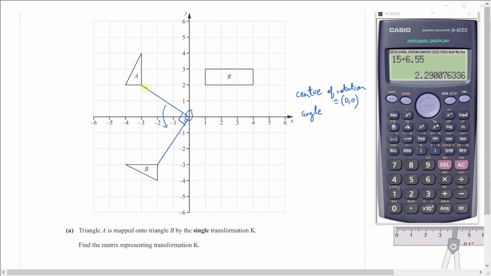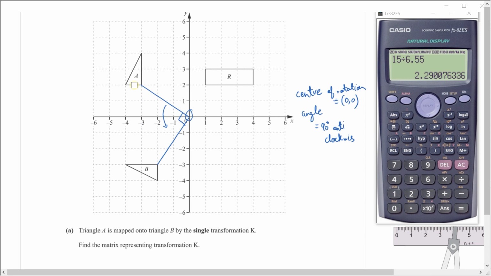So this point moved from this point to this point. So this angle is 90 degrees anti-clockwise, right? So now you know that triangle A is mapped onto triangle B with a rotation with center of rotation origin 0, 0 and angle of 90 degrees anti-clockwise.